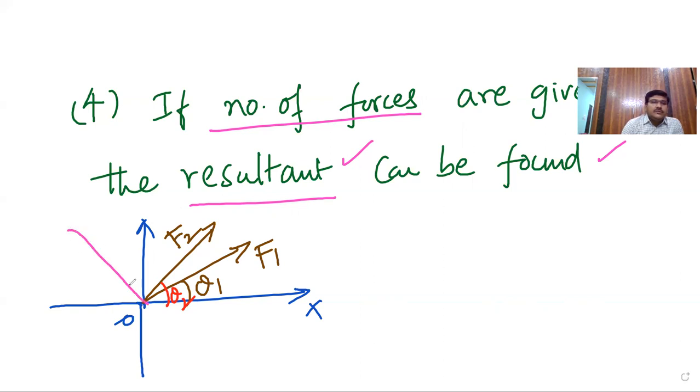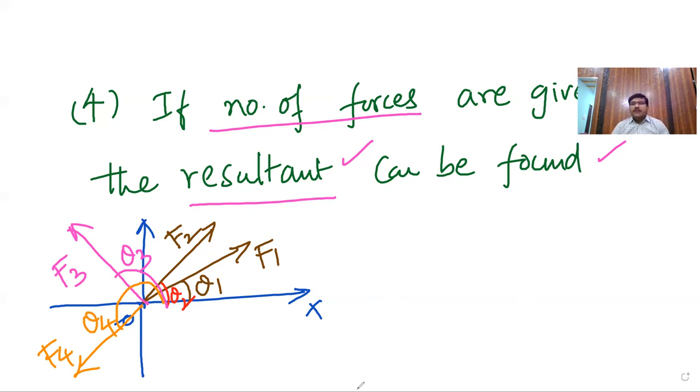Another force F3 making an angle theta 3, and another force F4 making an angle theta 4 with the x-axis. Like that, if a number of forces are given, and angles with respect to the x-axis or else the y-axis, whatever it may be.